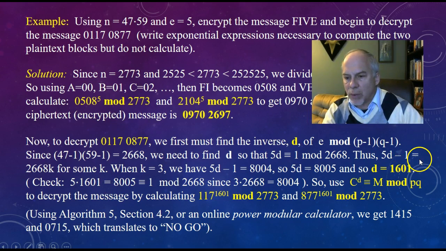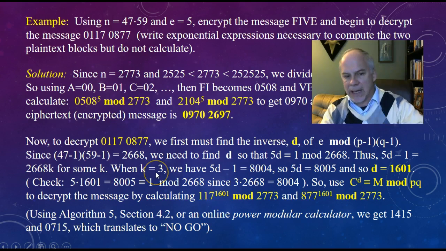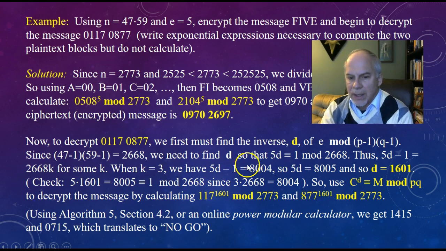Now you can just try K equal 1, K equal 2, K equal 3 until we get something that will work. But I found when K is 3, 2668 times 3 comes out to 8004. And then if I add 1 to both sides, we get 5D equals 8005.